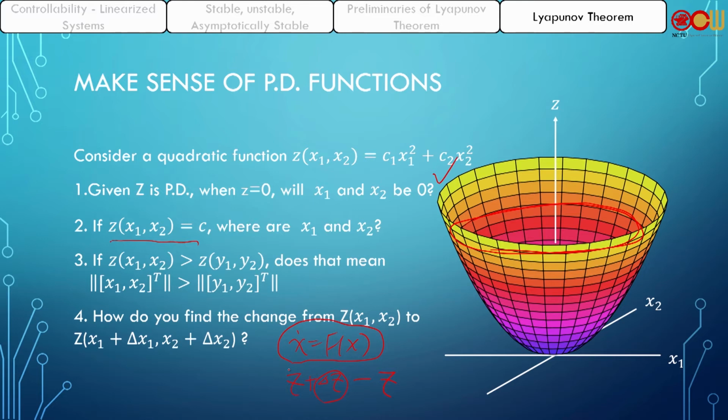So for question 4, my intention is to bridge the gap between what you learned and what the Lyapunov function is. So how do you evaluate this? Can you do this? You can do this by using the chain rule.